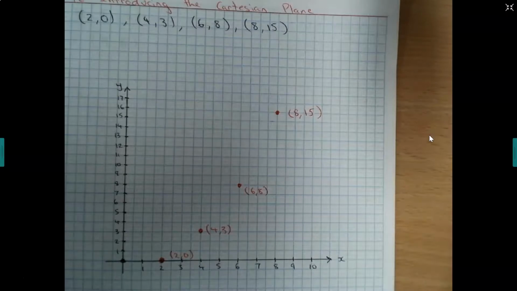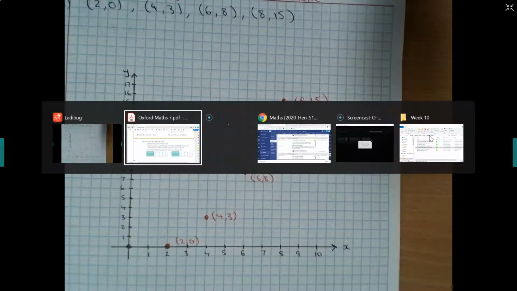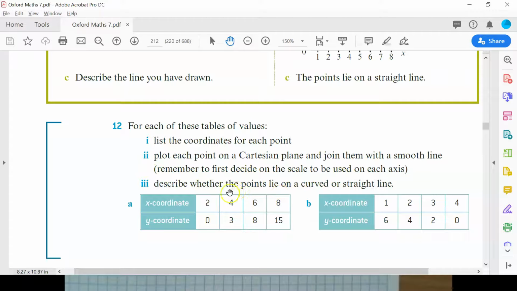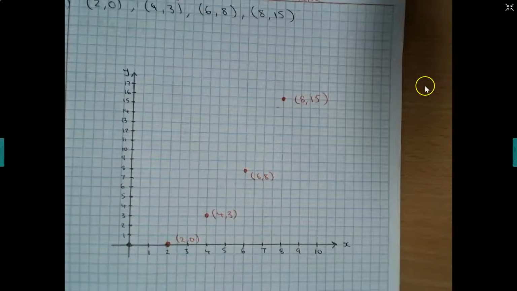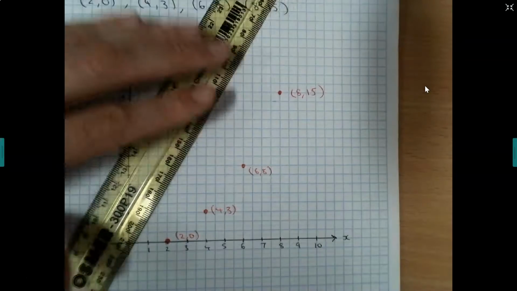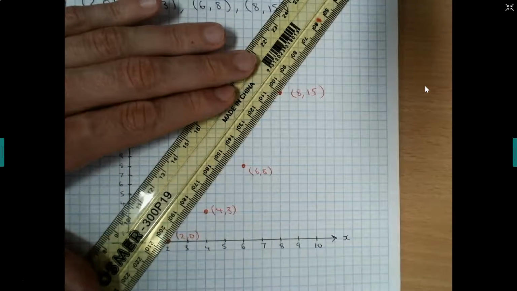Now you might notice that they asked us to describe whether the points lie on a curved or a straight line. You might notice that these points are not quite linear, because if I get my ruler here, that does not pass evenly through the points.